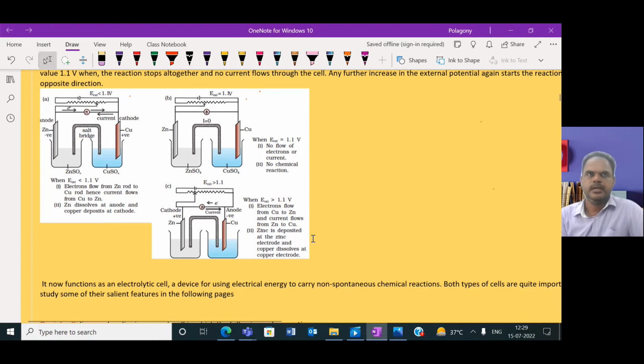So that means the galvanic cell is an electrochemical cell that produces a cell potential equivalent to 1.1 volts. The cell potential is the difference in the reduction potentials of zinc and copper.